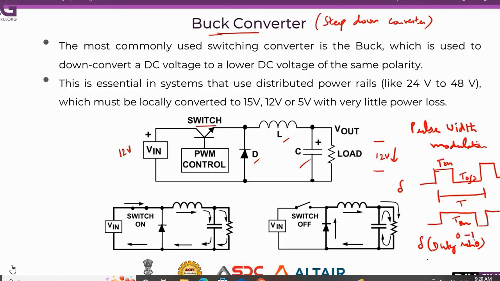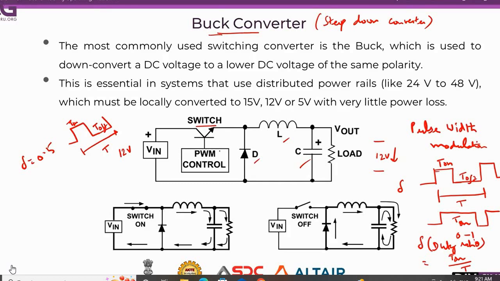The formula for duty ratio is T on divided by the total time T. If my duty ratio delta is equal to 0.5, it means we have 50% T on and 50% T off. This is the total time T. So with the help of this pulse width modulation control, I can adjust the conduction time of this switch.